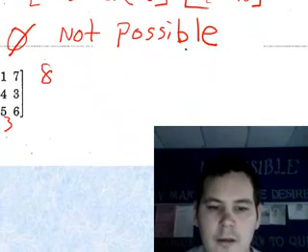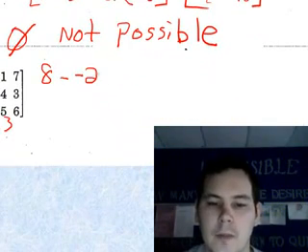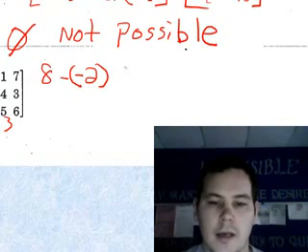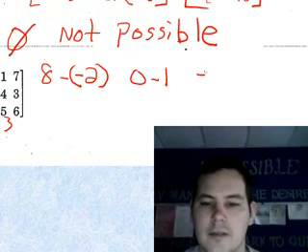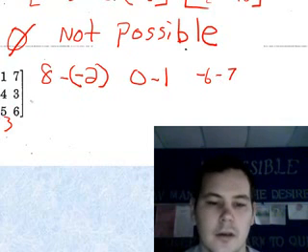So I have 8 minus a negative 2. I have 0 minus 1, and then negative 6 minus 7.